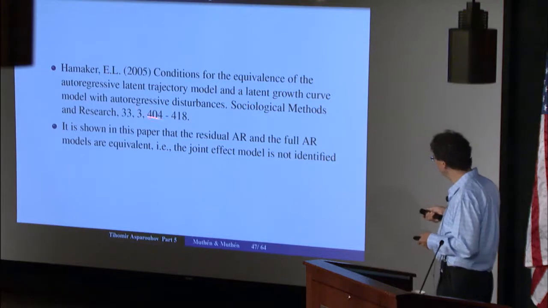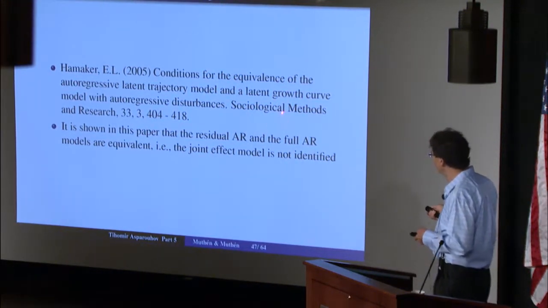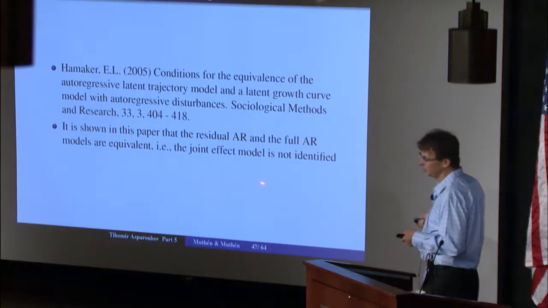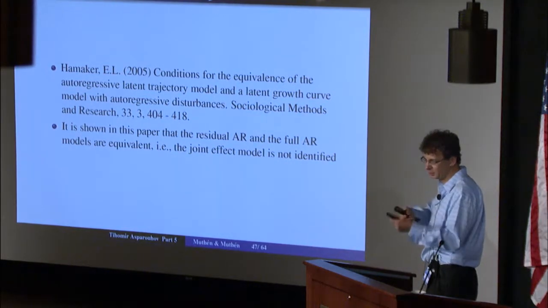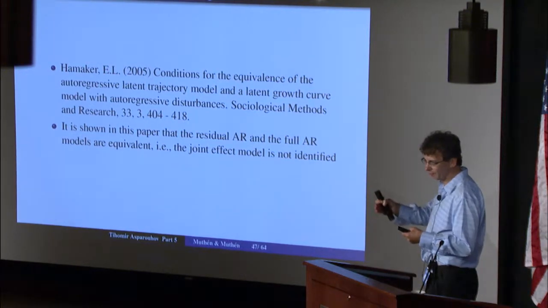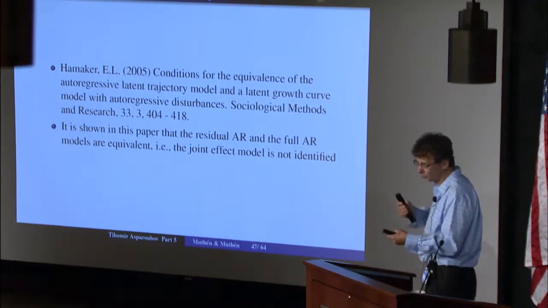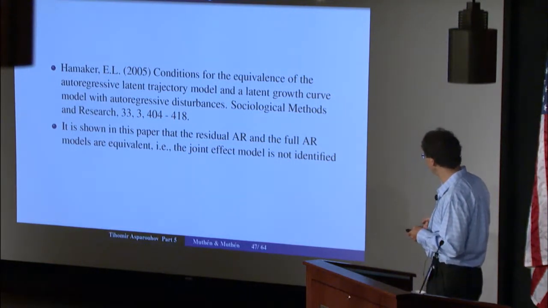Ellen has a paper on that, which we really like, and that shows that the residual AR1 model and the full AR1 model are actually equivalent to each other. That means they are two reparameterizations of each other, and one regression effect is equivalent to the other, and therefore you cannot identify both of these effects at the same time, which makes the joint model not identified.